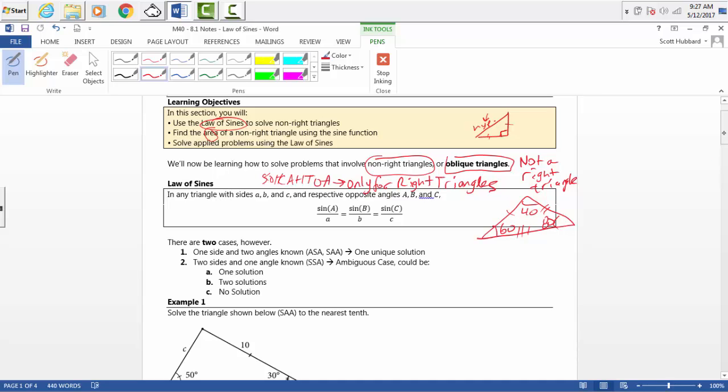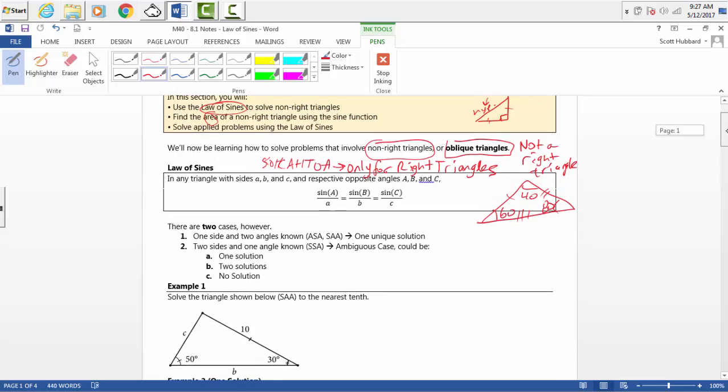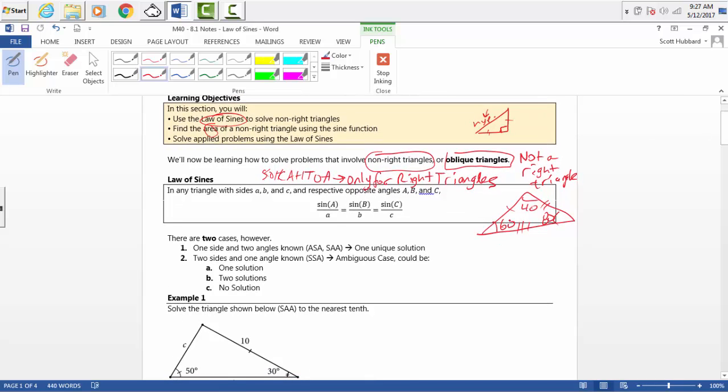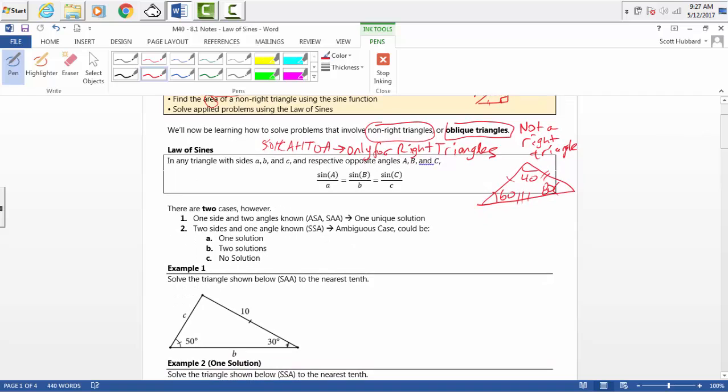Now we can still use sine and cosine and all those things. We just have to use them in a different way. So we can't say sine is equal to opposite over hypotenuse. But what we can say is, for this triangle right here, we have angle B, angle C, angle A, and call this side a and side c.